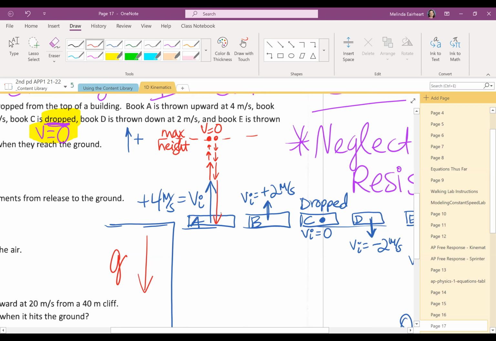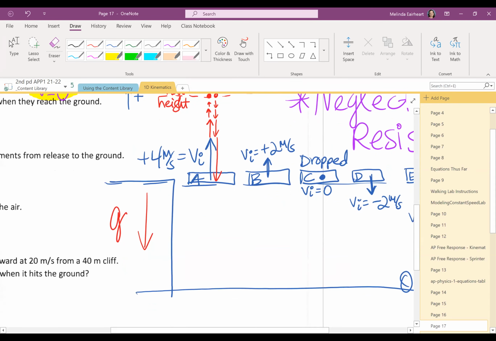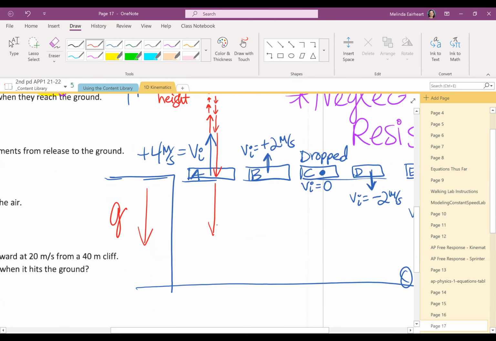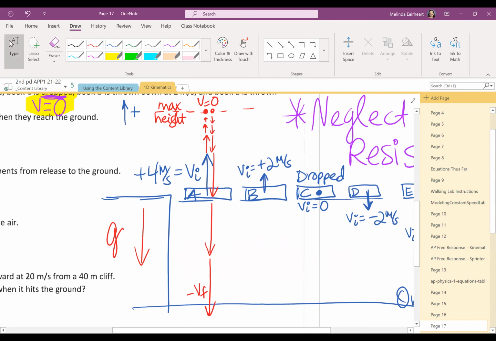And if it falls to the ground, what's that speed going to keep doing? Increasing, right? And so this would be the final velocity or final speed that we care about. Yeah, it's negative, but speed is absolute value. What would 2 look like? It would be like half of. Is it going to reach the same max height?